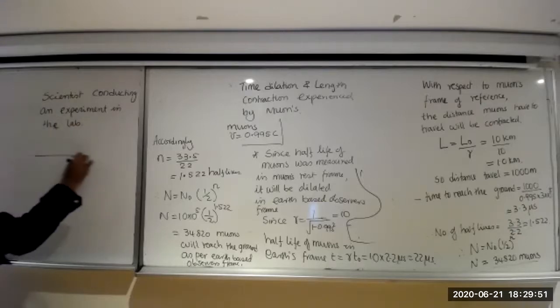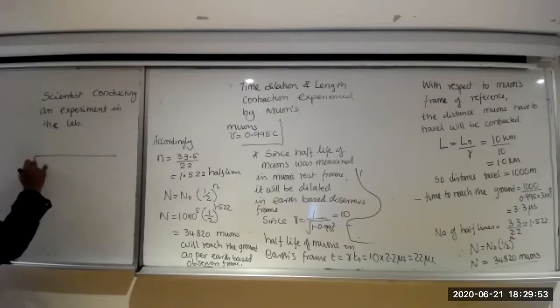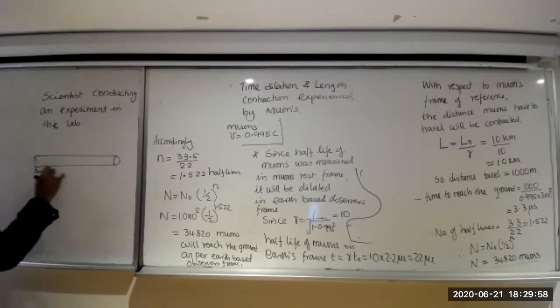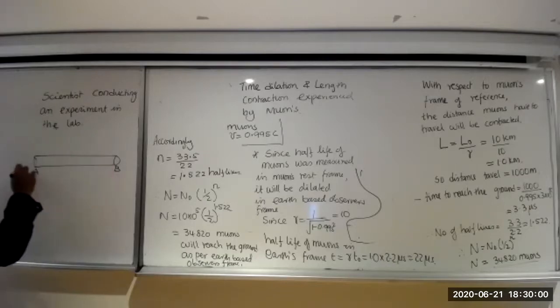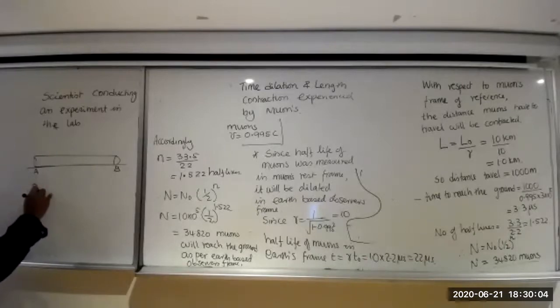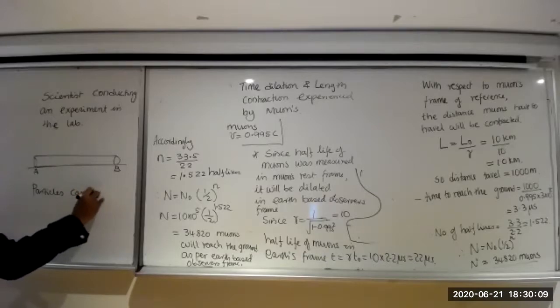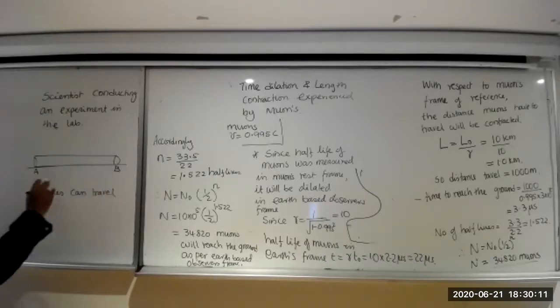These tiny particles, not necessarily muons, are radioactive. They travel a distance AB.